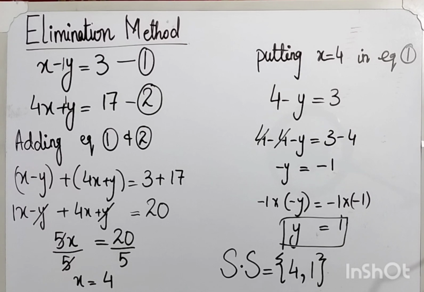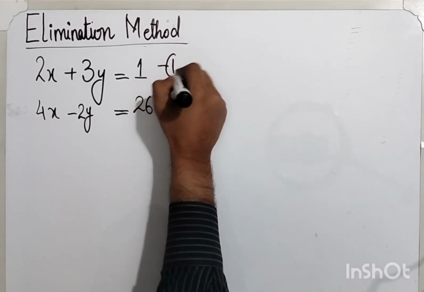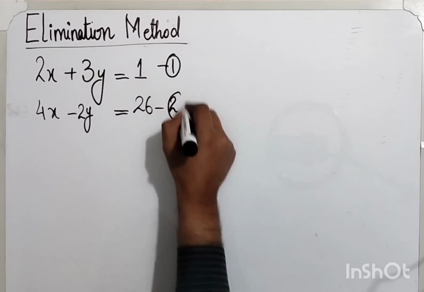Another example in the same way is given to us as 2x plus 3y equals 1, and the second equation is 4x minus 2y equals 26. This is our first equation and this is our second equation.